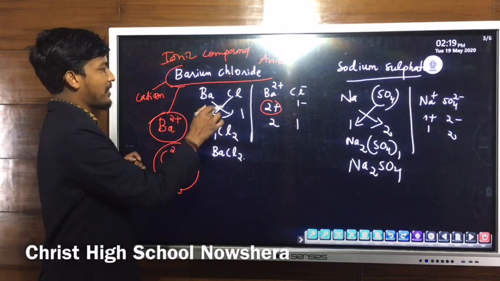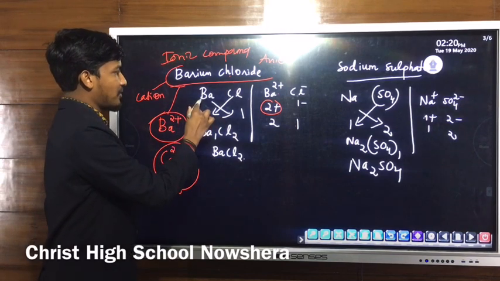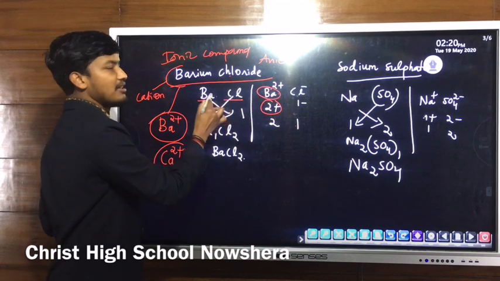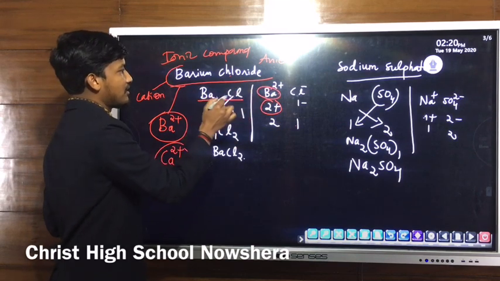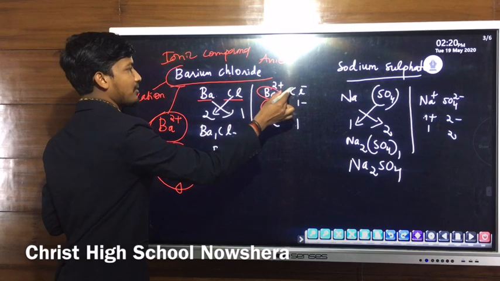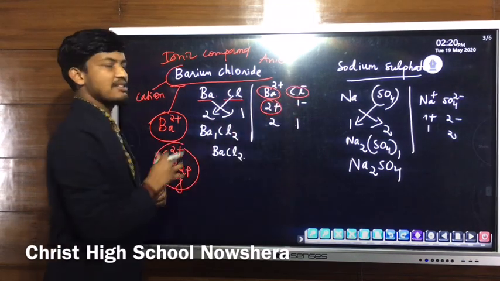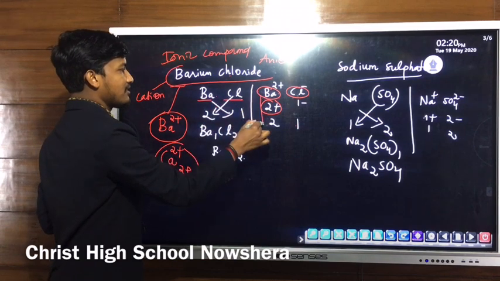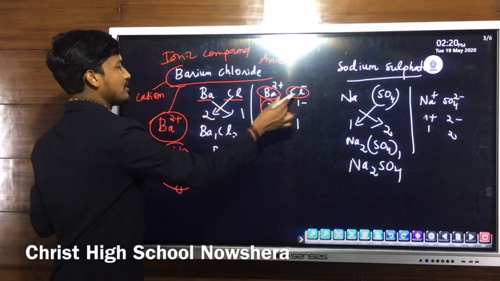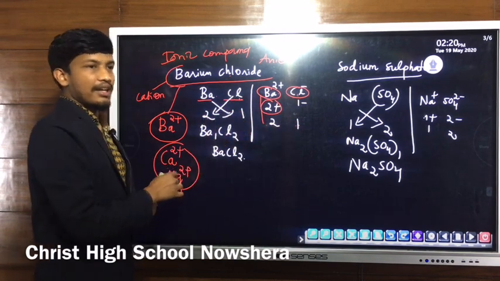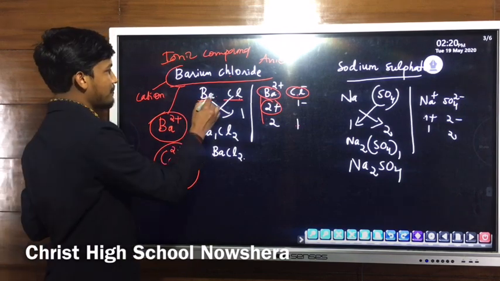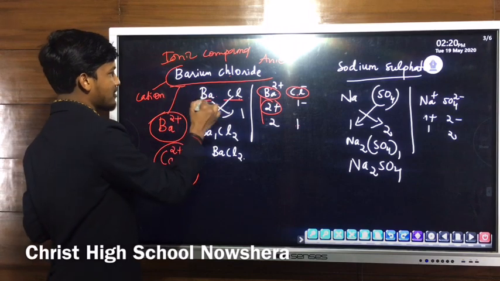Then we can find the chemical formula. First we write the symbols of cation and anion: cation Ba, avoiding the charge, and chloride Cl. Then under them we write the valencies: Ba 2, Cl 1. In this case both are monoatomic ions, therefore no need to write brackets.